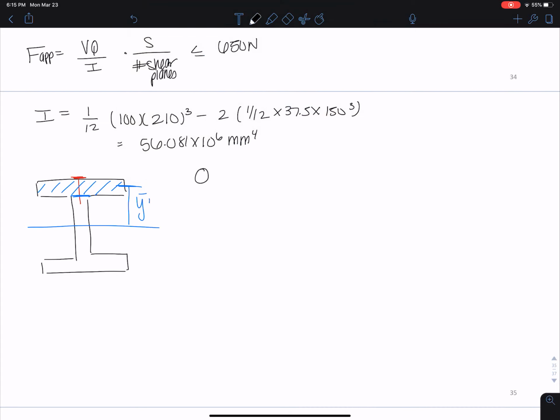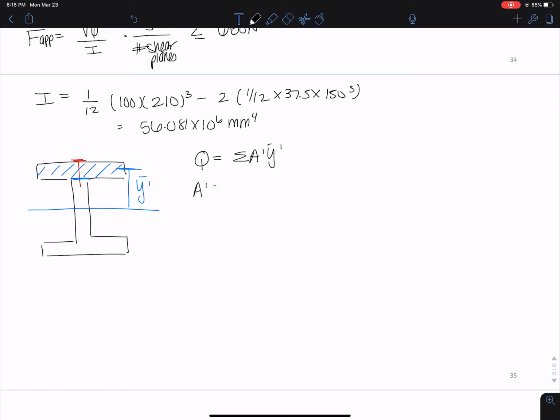If we wanted to calculate Q, this is going to be the sum of all our A prime, Y prime. We've done this a lot now. So our A prime is 100 times 30. Our Y prime is at 105 millimeters minus 15 millimeters, equals 90 millimeters.